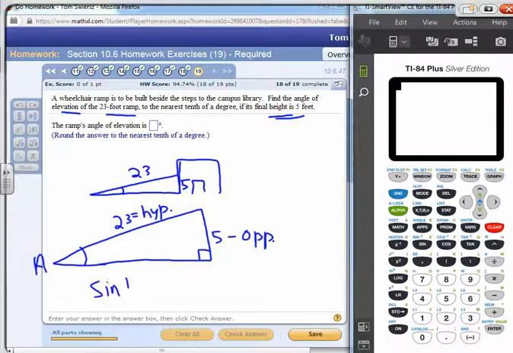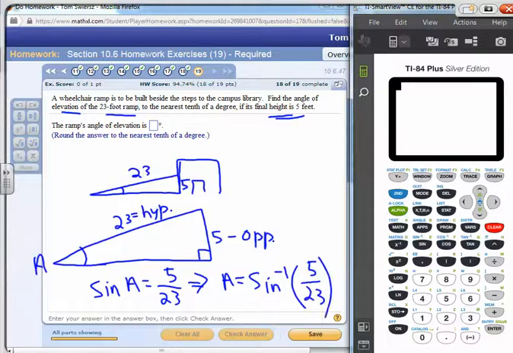So the sine of angle A is going to be the side opposite, 5 over 23, which then we convert to an inverse sine, right? So A is the inverse sine of 5 over 23. Always use the inverse when you're trying to find the angle. And remember, we hit second and then the sine key to get the inverse sine because it's in blue. That will give us our answer in terms of the degree of the angle.